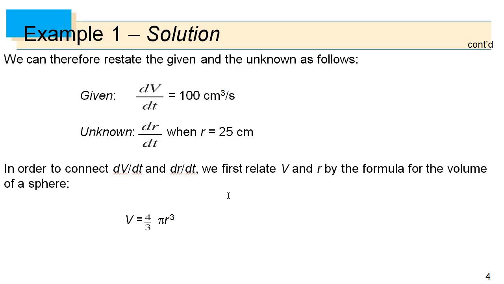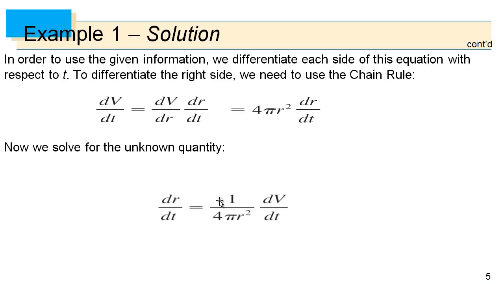Well, the easiest, most hopefully obvious way to relate those is with the equation for the volume of a sphere, which is just 4/3 pi r cubed. Now we know that using the chain rule, dV/dt, the change in volume with respect to time, is equal to the change in volume with respect to radius times the change in radius with respect to time.